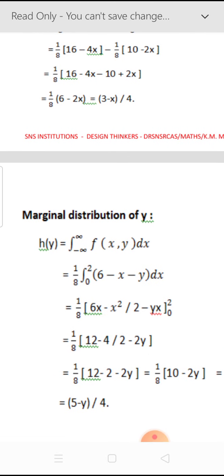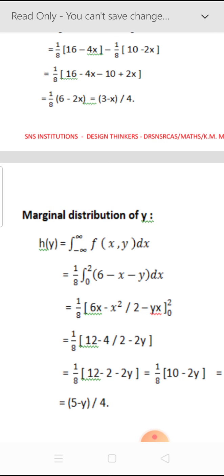Similarly, we can find the marginal distribution of y by applying the formula h of y equal to the integral from minus infinity to plus infinity of f of x comma y dx. So substitute the value of f of x comma y, 1 by 8 into 6 minus x minus y, and integrate with respect to x. 6 into dx will give 6x, minus x into dx, while integrating we get x square by 2, minus y is a constant, you keep it as it is; when dx is integrated we will get x.